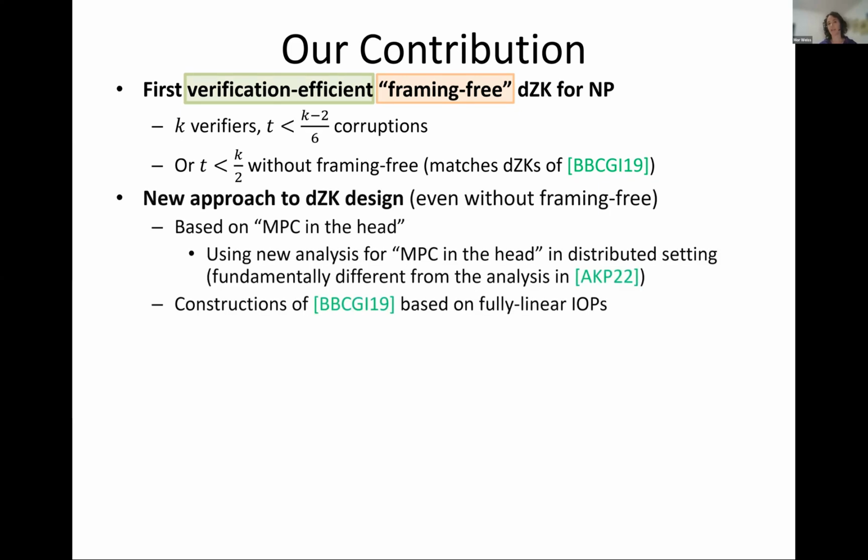We get our DZKs using a new analysis for MPC in the head in the distributed setting. And this analysis is very different from a different analysis of MPC in the head in the distributed setting, which was given by Appelbaum et al. to construct VRS. And our construction also departs from the Bonnet et al. construction, which was based on fully linear IOPs.